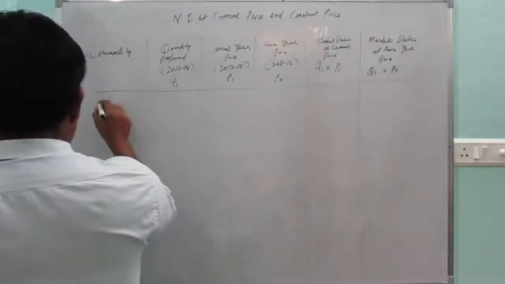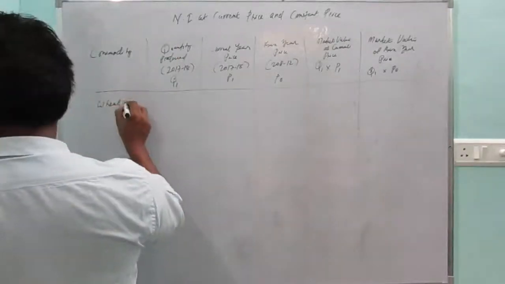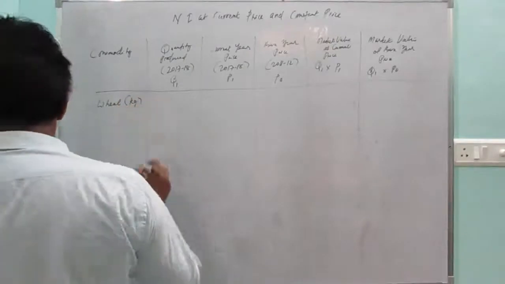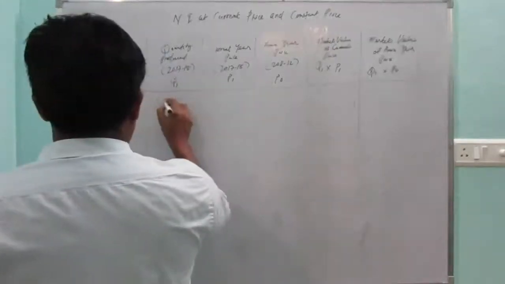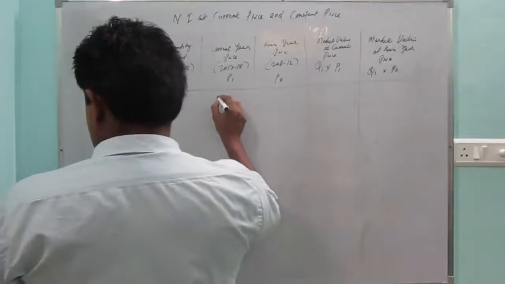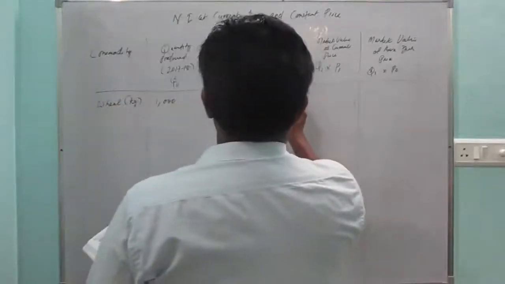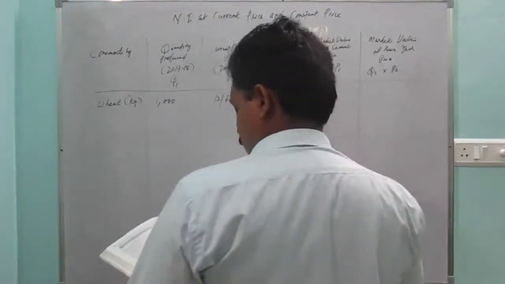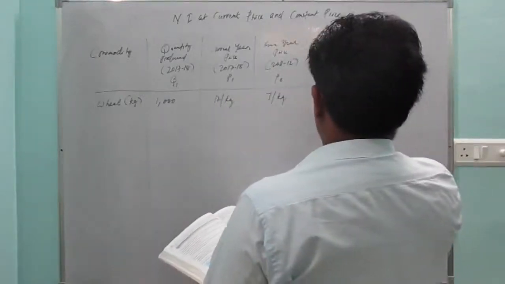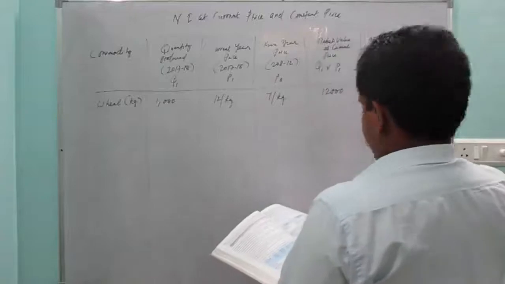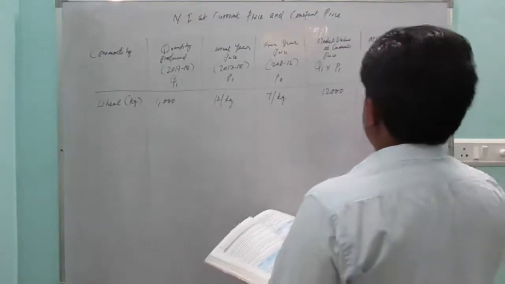Commodity: wheat, 1000 kg, 12 per kg, 7 per kg, 12,000, 7,000.